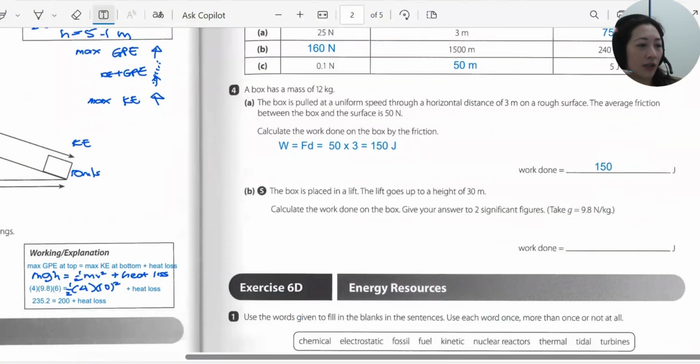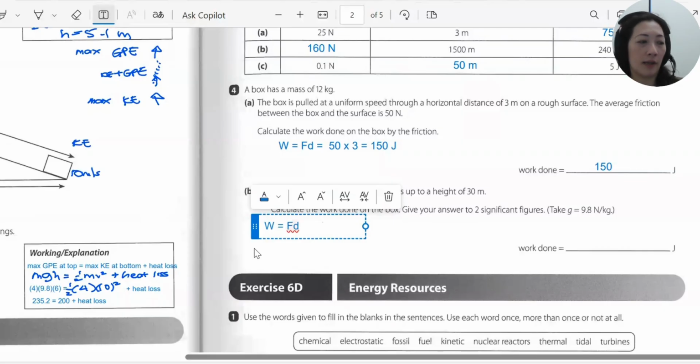Okay, for question B, a box is placed in the lift goes up, and they want you to calculate the work done. Now, because it's a vertical distance traveled, the force applied would be equal to the weight of the object, because there is force pulling it up to overcome the weight of the object. That's why when you want to solve this using this formula, for the value of the force, you take the weight of the box.